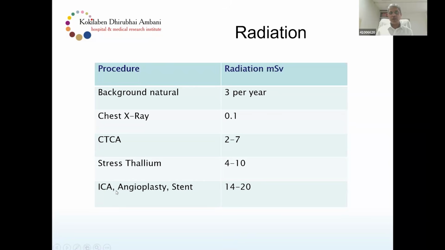And a typical angiography with angioplasty and stent renders 14 to 20 millisieverts. So if you do a CT coronary, it is far less radiation than the other tests which are recommended for evaluation of chest pain, ACS, or coronary artery disease. So it is pretty safe.